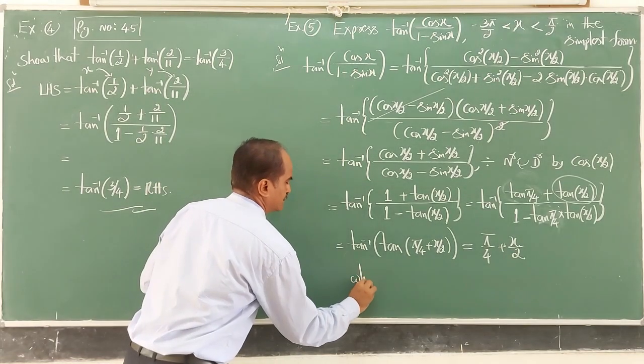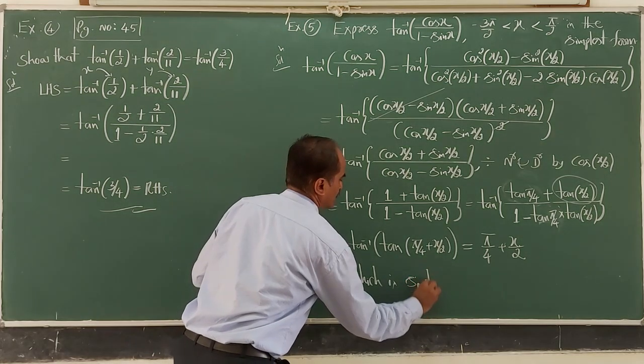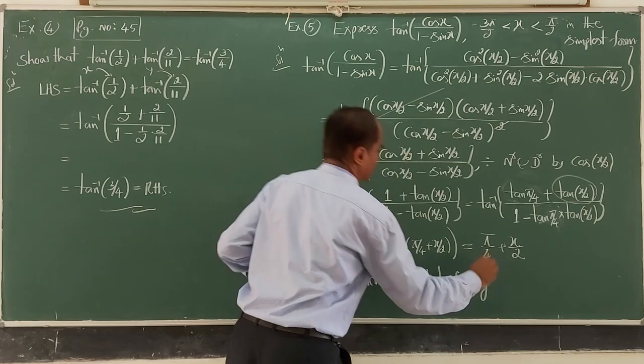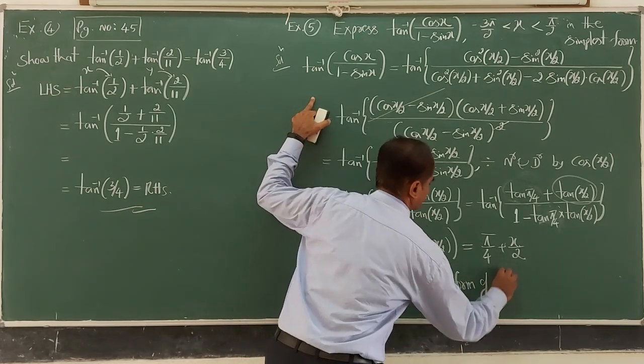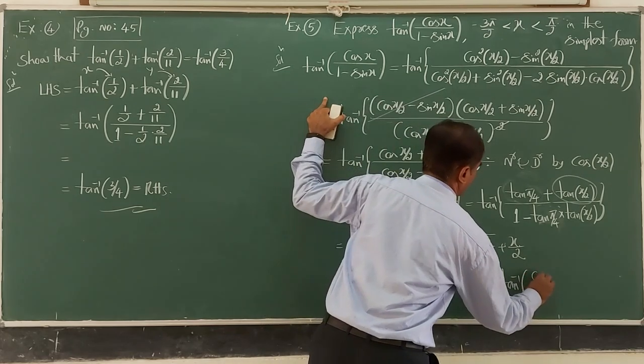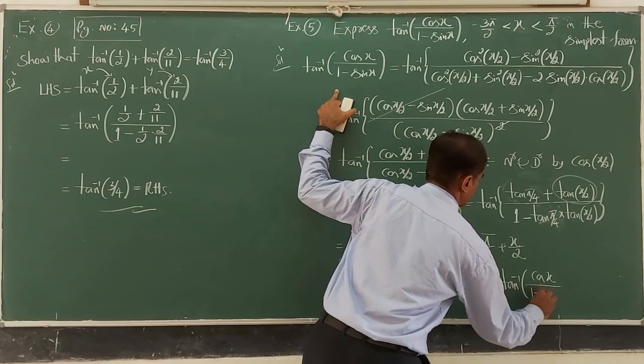which is the simplest form of tan inverse of cos x divided by 1 minus sin x.